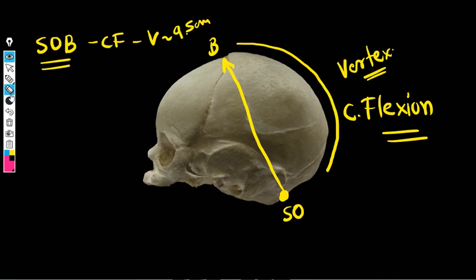So what you need to understand here is that the suboccipitobregmatic is actually a very good diameter of 9.5 centimeters that happens in the vertex position if the head is completely flexed.